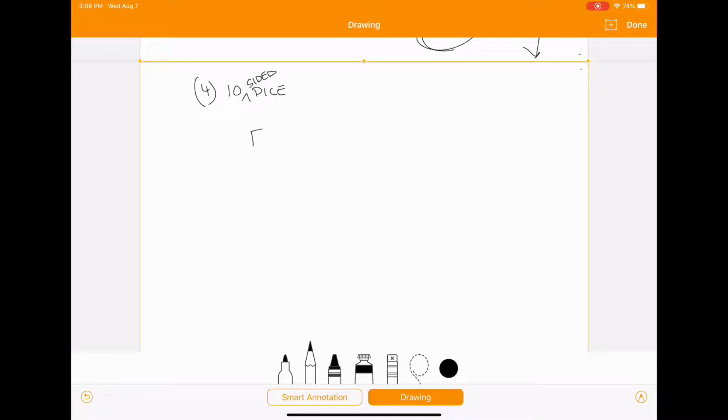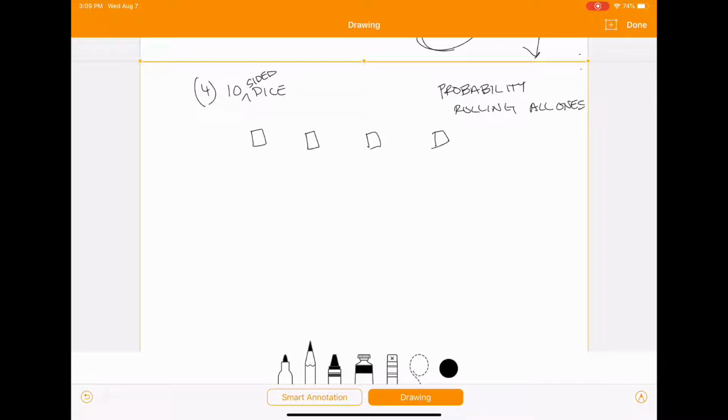So you got 1, 2, 3, 4. Again, each dice has 10 sides. All right, and you want to know the probability of rolling all ones.